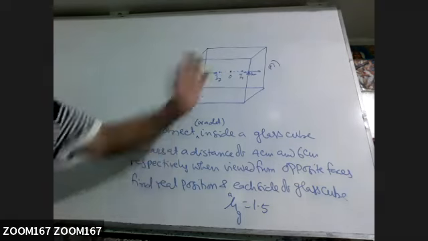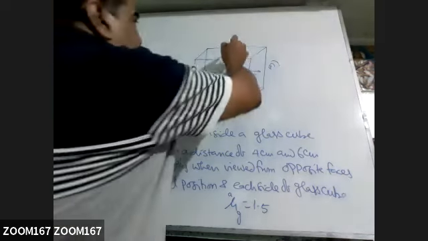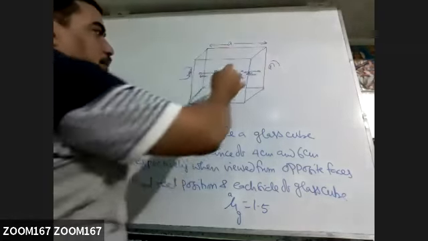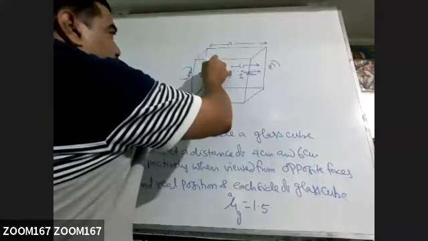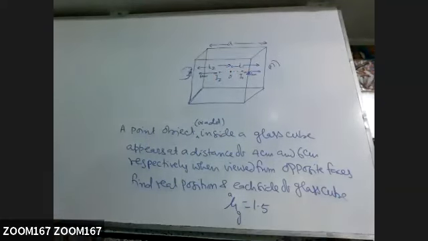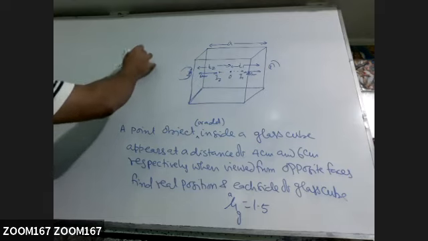So you are asked what is the actual position and each side of the cube. So suppose the object is at distance T1 from this place and T2 from this side. What is the relation? So T1 by 4 is the refractive index.